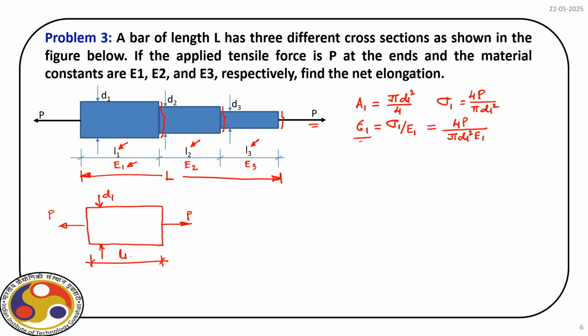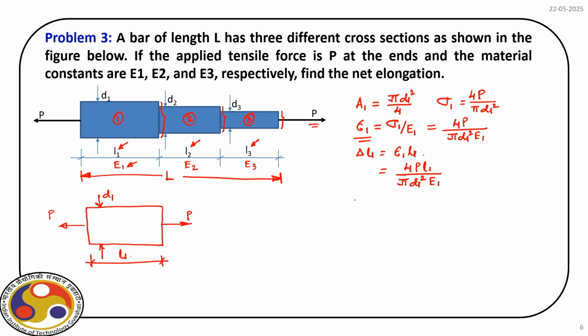That is the strain in segment 1. So, what is the elongation? Delta L1 is nothing but the strain times the gauge length, which is L1. So, we have 4 P L1 divided by pi D1 square E1.